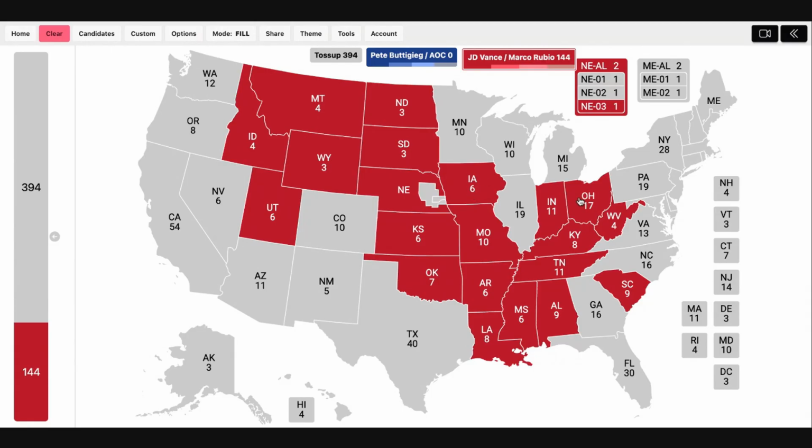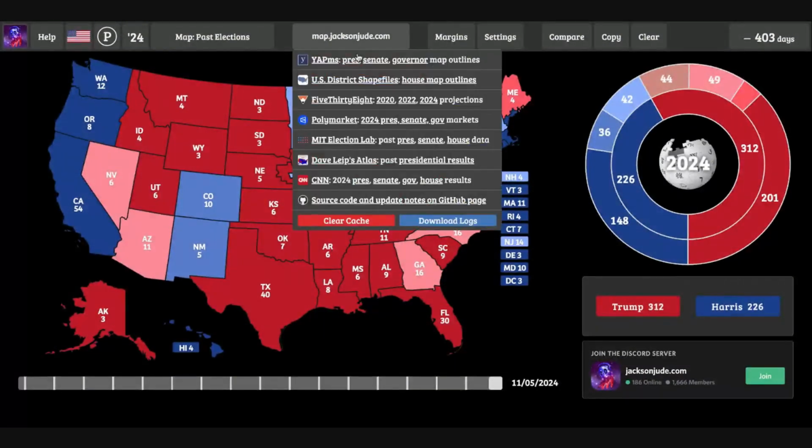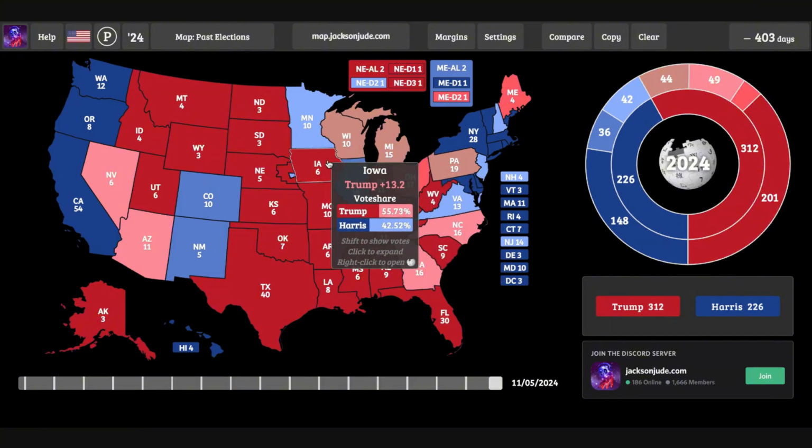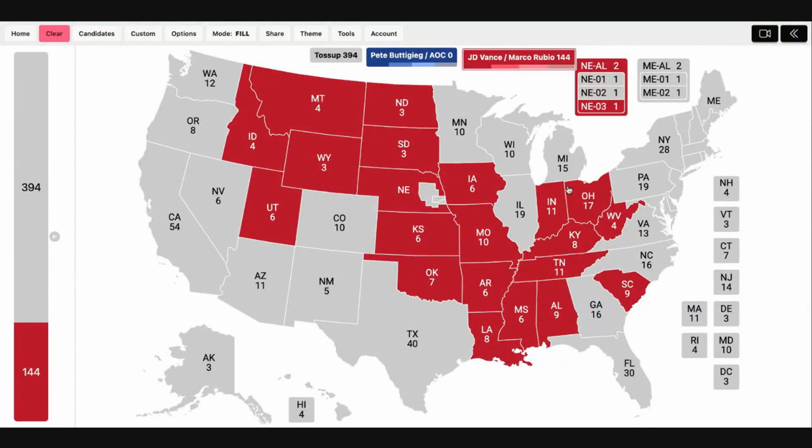And looking at Ohio, we see something similar where J.D. Vance wins the state by 12.3%. This is an improvement from the last cycle where Trump won the state by 11.2%. So both Iowa and Ohio shift about a point to the right in this general election.